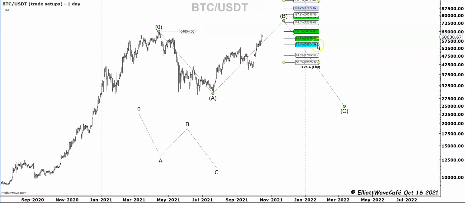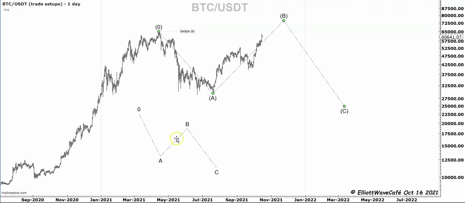So the likelihood of this being a B wave, let me just get rid of it, is very unlikely for a zigzag. So we eliminate this possibility and put it towards the back of our thinking that this is actually a wave B of a zigzag.